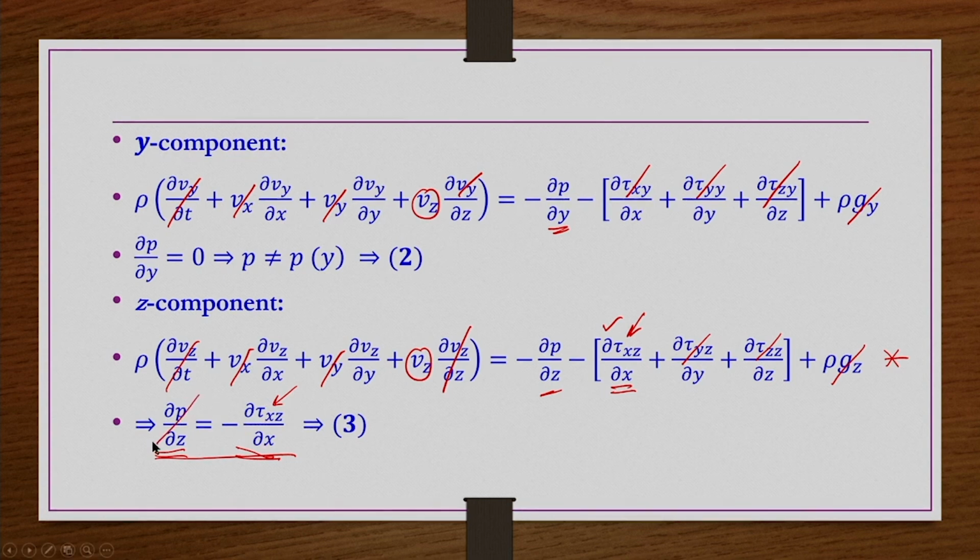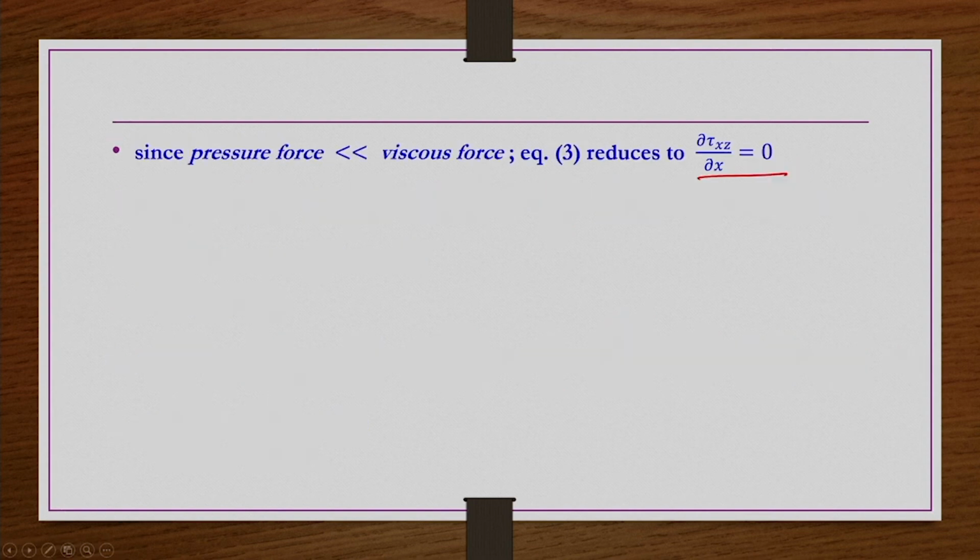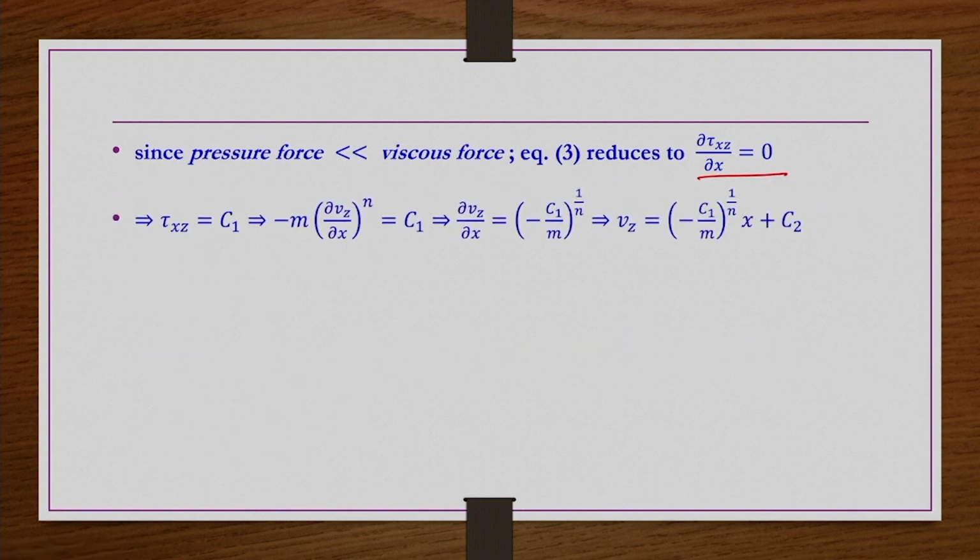So, this term can be cancelled out. So, we have only dou by dou x of tau xz is equal to 0. Now, tau xz is equal to C1 on integration, and tau xz we can write as minus m dou vz by dou x to the power n is equal to C1.